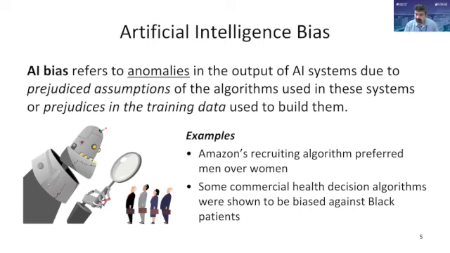So famous examples, if you're not aware of this bigger problem these days, are like, for example, the Amazon recruiting algorithm that made stronger preferences for men over women. And it turns out that it was basing its preference on the historical data where men were preferred. You know, 60% or more of the employees were men.